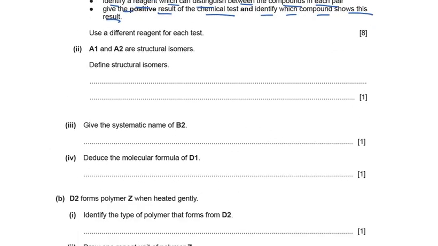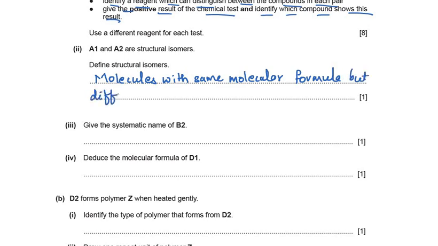So structural isomers are molecules with the same molecular formula but different structural formula. The structure will be different, but the molecular formula remains the same.